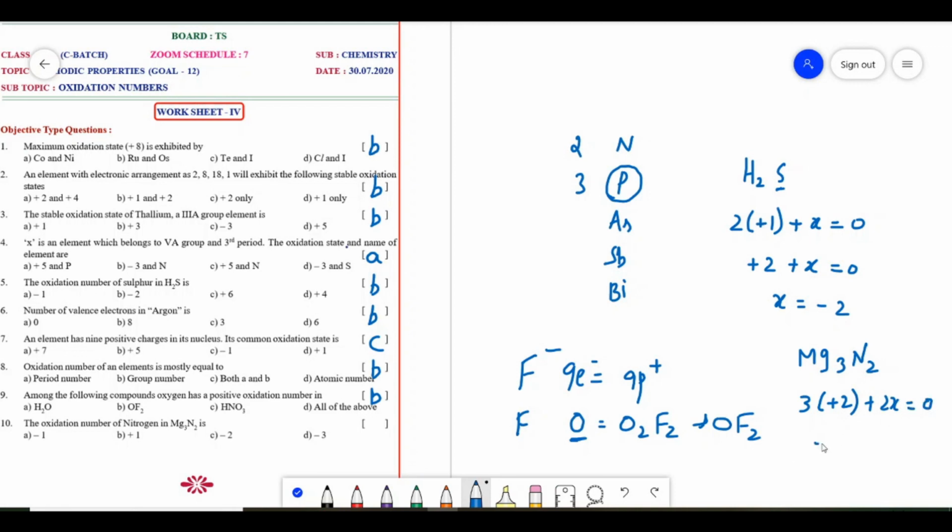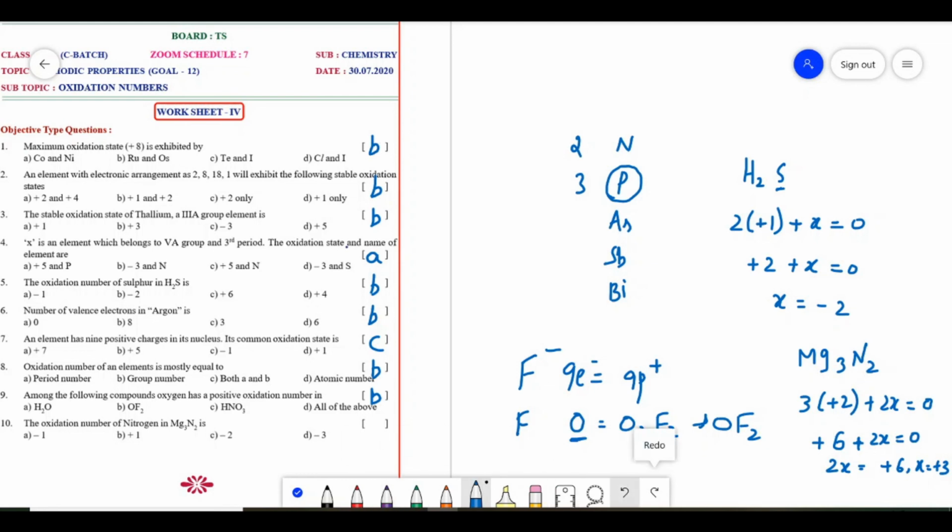So this becomes +6 plus 2x equal to 0, and 2x will be equal to... x will be equal to... Sorry, not +3, minus 3.